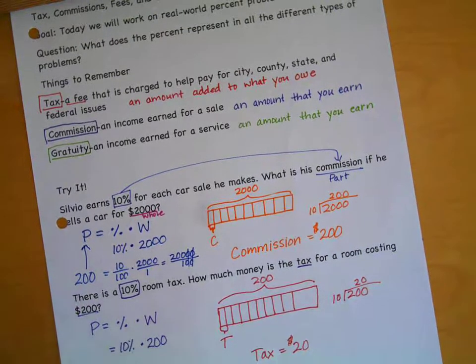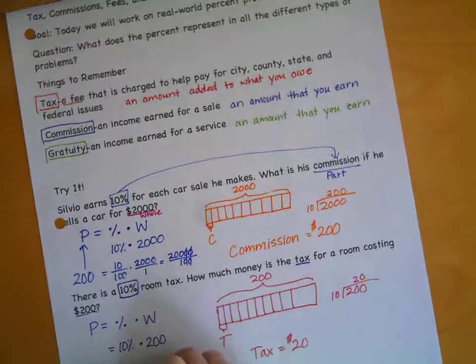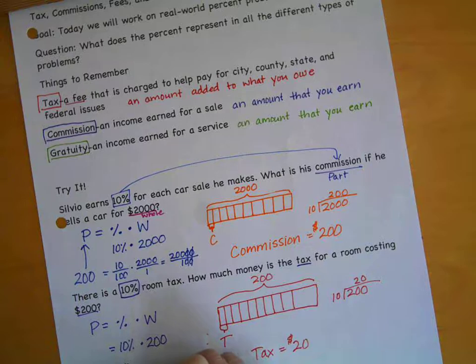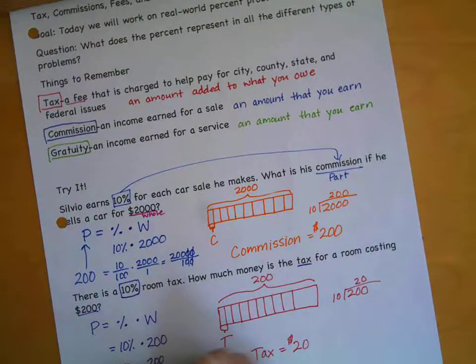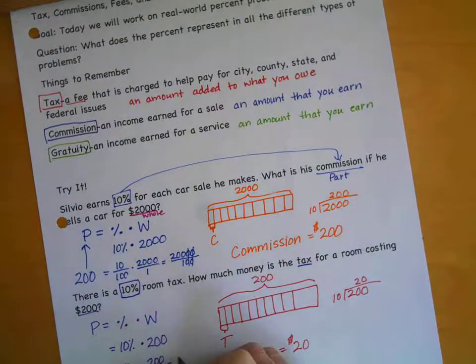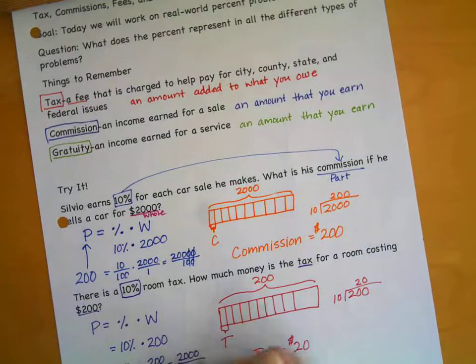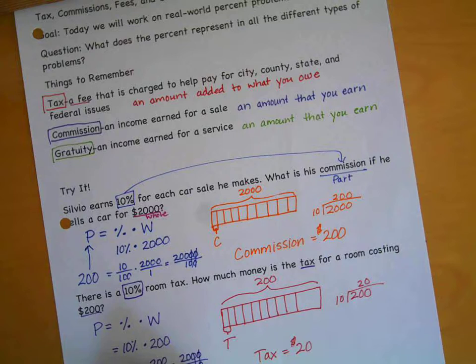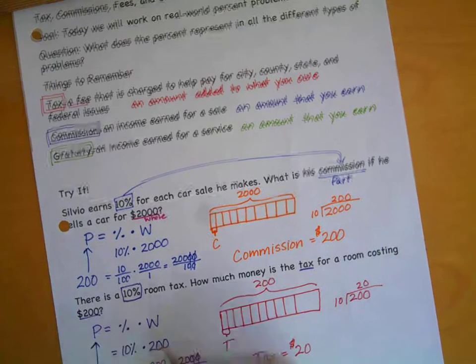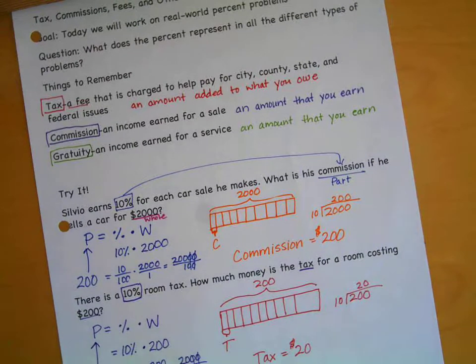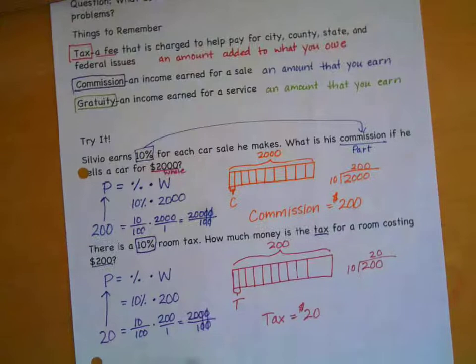So now let's do the math over here and see. So if we have 10%, that is really 10 over 100 times 200 over 1. So that would equal 2,000 divided by 100, and I get $20, which is the part, which is also considered your tax.